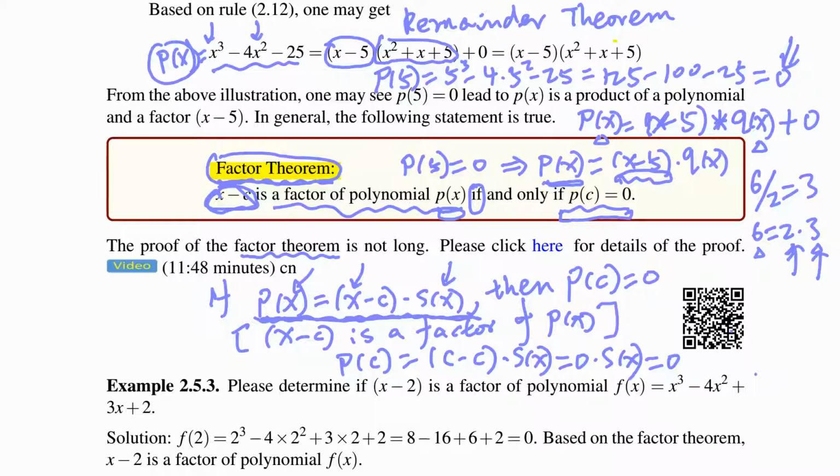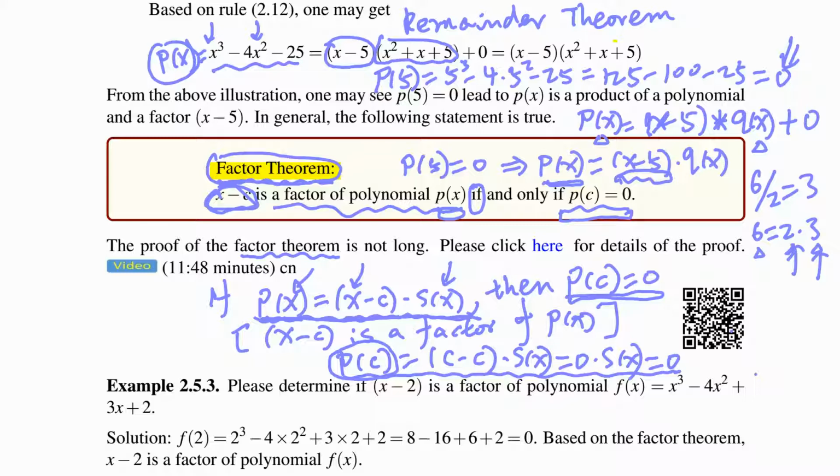Then immediately we can claim that p of c is 0. Okay, because again, you plug in, replace x by c, substitute c for x right here. Then you can claim p of c is 0.